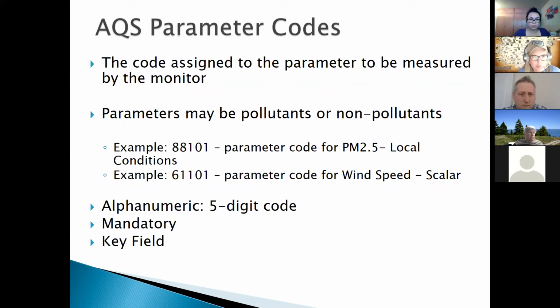This is an alphanumeric 5-digit code, meaning it can contain a letter or a numeric value. And again, when establishing a monitor in AQS, this is a mandatory code, which would also be mandatory in CREST as well. Also, this is considered a key field in AQS, which means basically that it's used to uniquely identify specific data in the database.